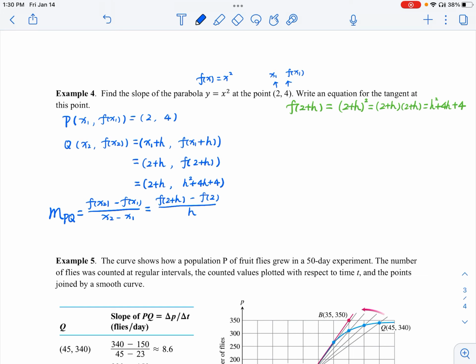We plug in h squared plus 4h plus 4 minus 4 divided by h. We have h squared plus 4h divided by h. 2 terms divided by 1 term, we can separate them.